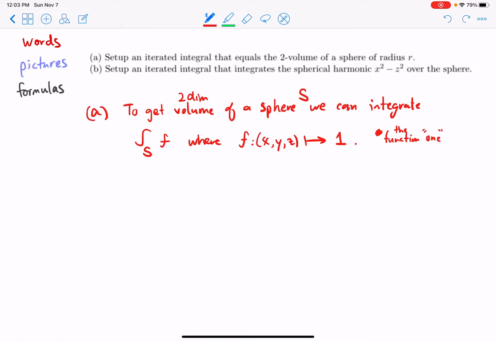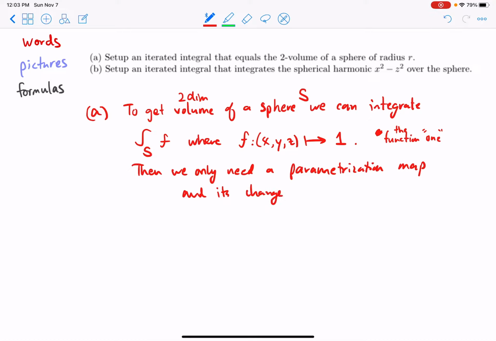Okay, so then the only thing we need is the change of volume factor. Then we only need a parametrization map and its change of volume factor, right?